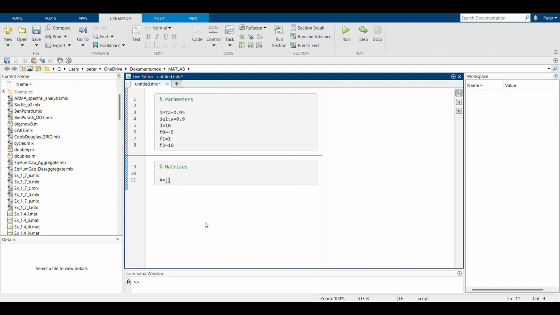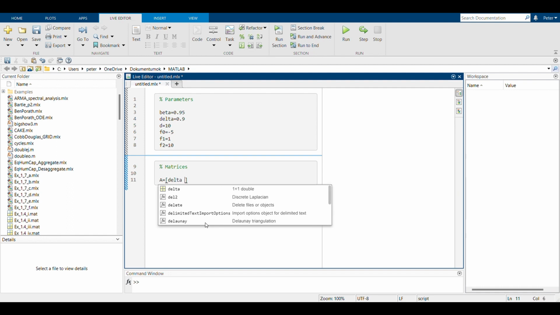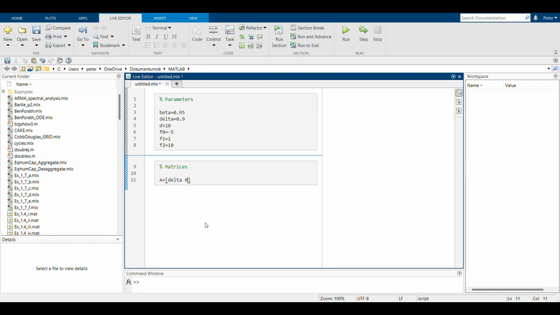So this is matrix A that describes the dynamics of the exogenous part of the dynamics of the state. This is the vector that incorporates the effects of the decisions of the household. This is matrix R, which is supposed to be negative definite.